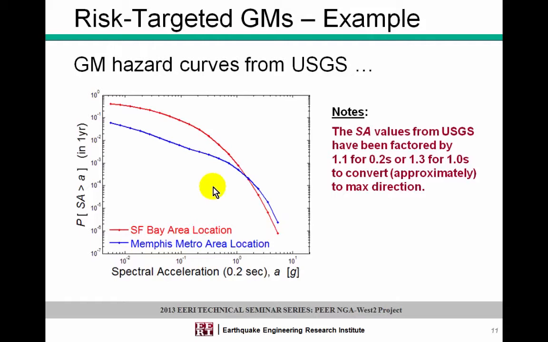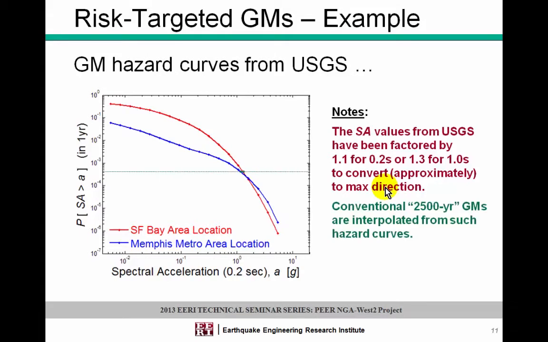Per the recommendation of Project 07, we've factored the spectral accelerations on these hazard curves by a factor of 1.1 if you're looking at 0.2 second spectral acceleration, like in this example, or 1.3 if you're looking at 1 second spectral acceleration. Right? And those are approximate conversion factors.